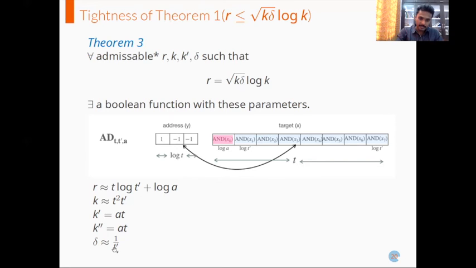Now you can verify firstly that these numbers satisfy this equation R equals square root K delta log K. And moreover, since here we have three free parameters R, K and K prime, and here you have t, t prime and a, by tuning t prime and a, we can make these quantities t log t prime, t square t prime, at to be whatever R, K and K prime we want.